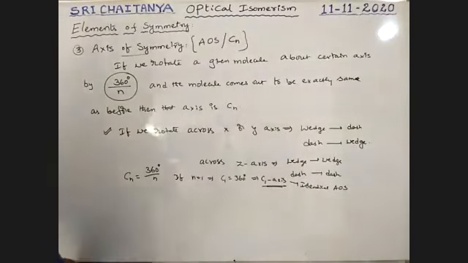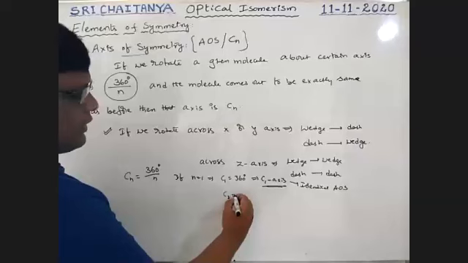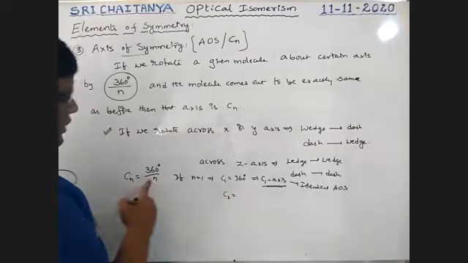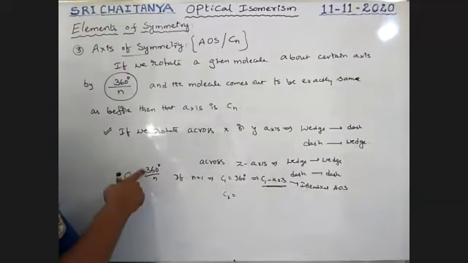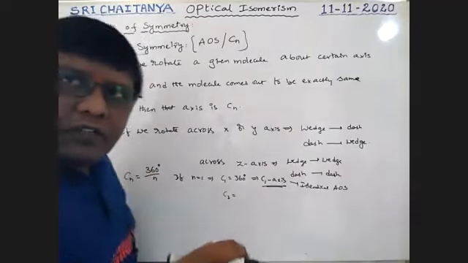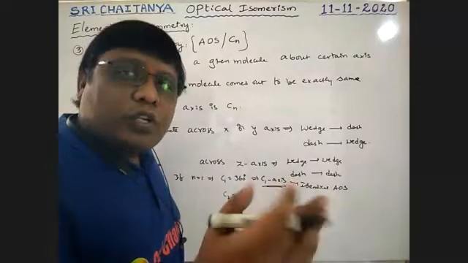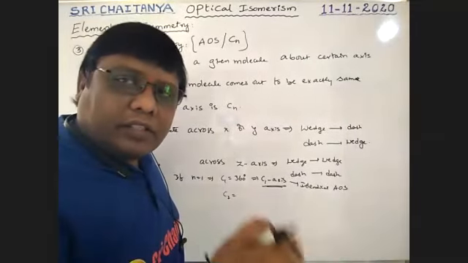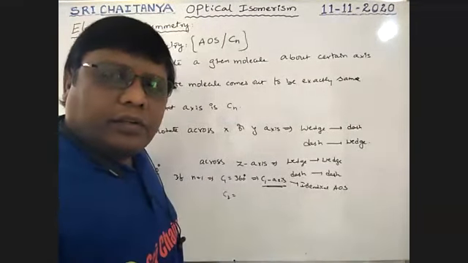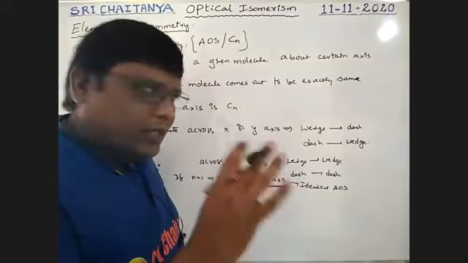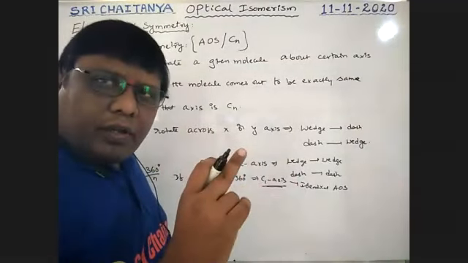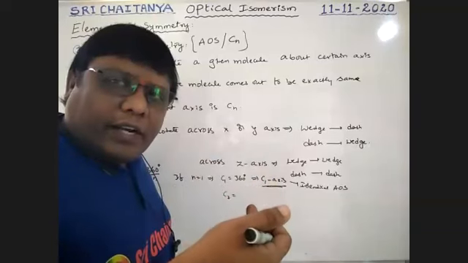For example, if that is a C2 axis, that means n is equal to 2, so 360 by 2, 180 degrees. After 180 degrees rotation, the molecule seems to be the original molecule. I'm rotating that molecule up to 180 degrees.